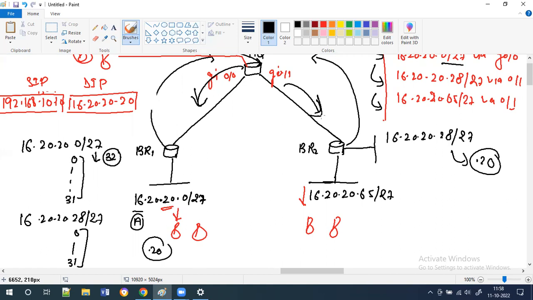So this is the problem with subnetting. This is the problem when we use the same subnet at another place. In that case, a suboptimal path will get created.